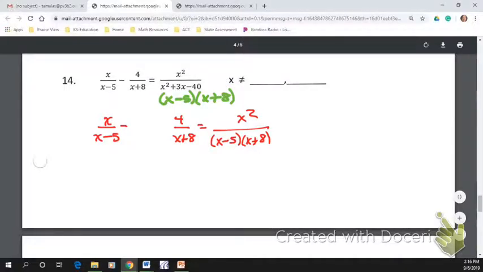And so now I go back in the other color. I'm going to multiply by my common denominator, which is x minus 5 times x plus 8. Every term.